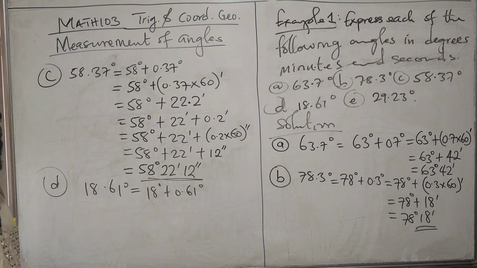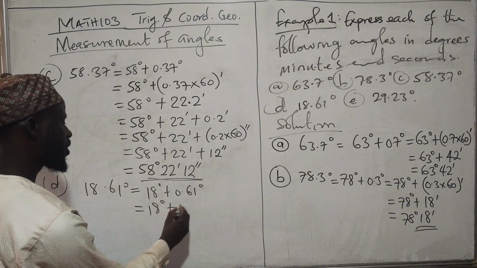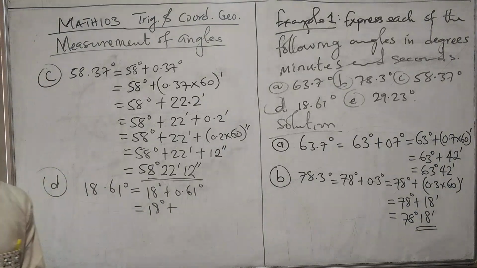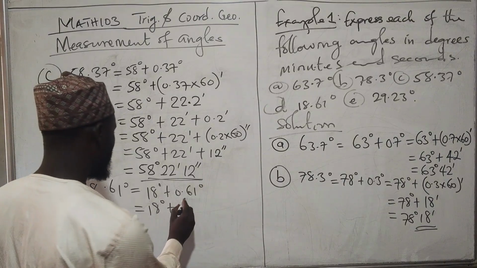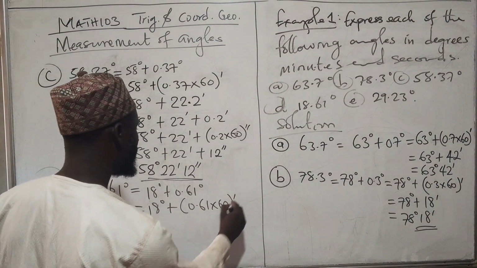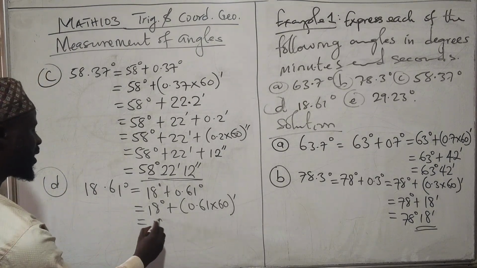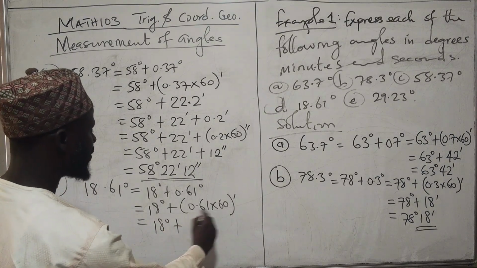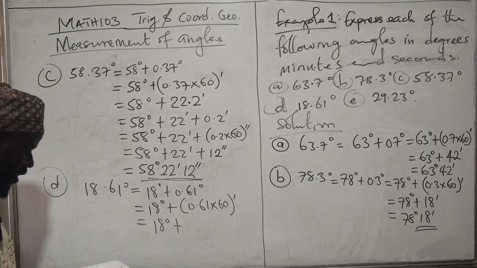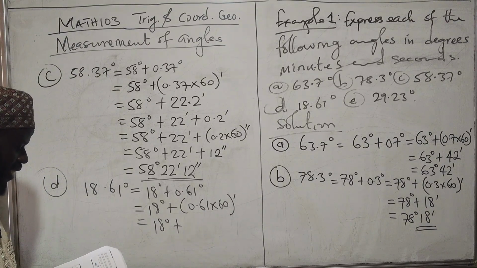You convert the decimal part to minutes. So we have 0.61 times 60, now in minutes after the conversion. After multiplying by 60, you are left with 36.6 minutes.